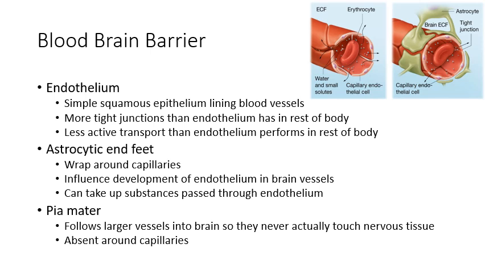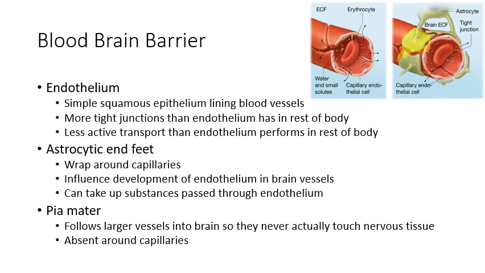But you also have astrocytes, another type of glial cell in the brain. Wherever you have astrocytes near capillaries, they're going to send out their processes to the capillaries and spread them along the surface of the capillary to form these things called astrocytic end feet, which you can see right here.